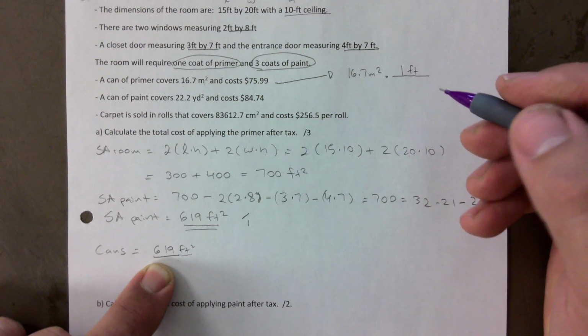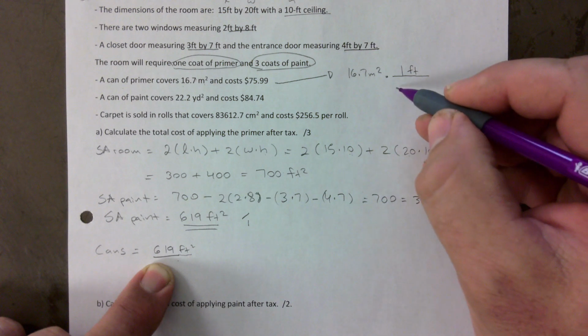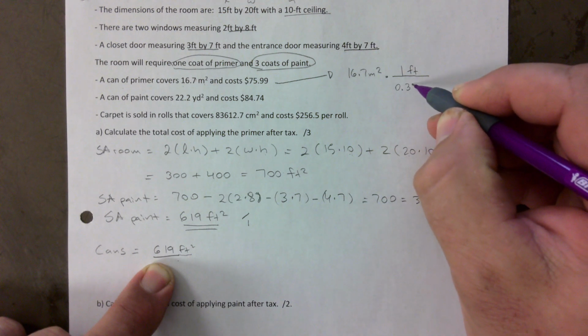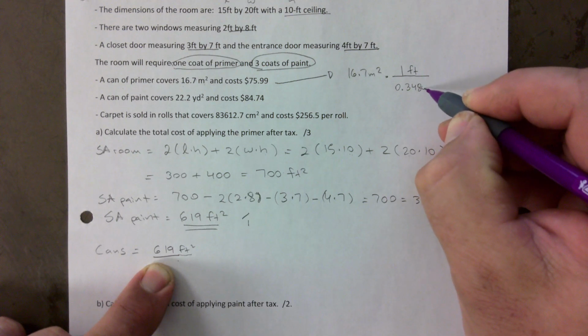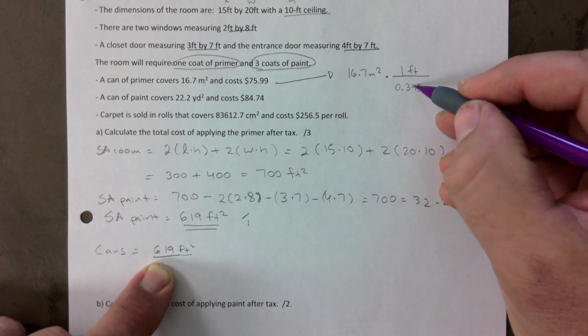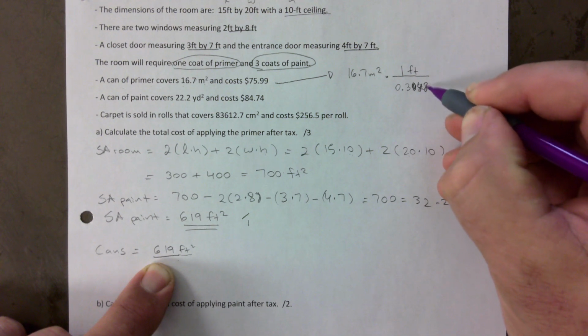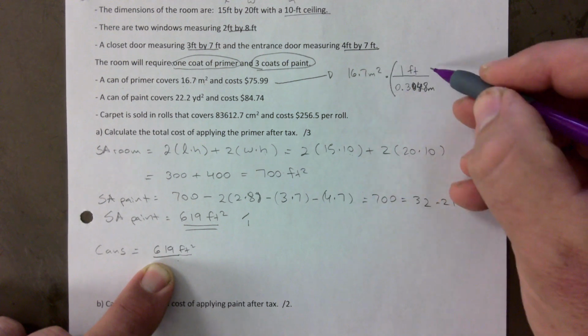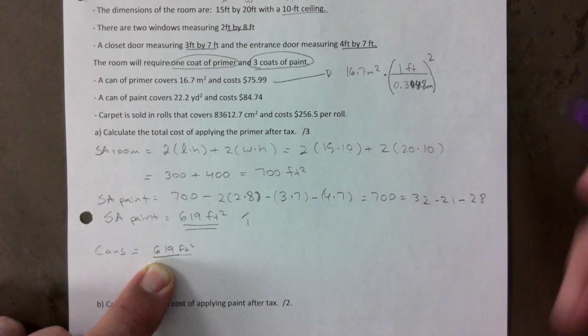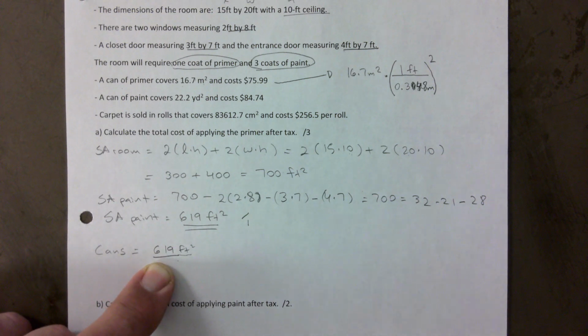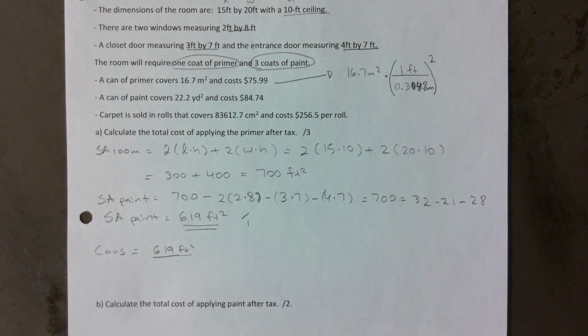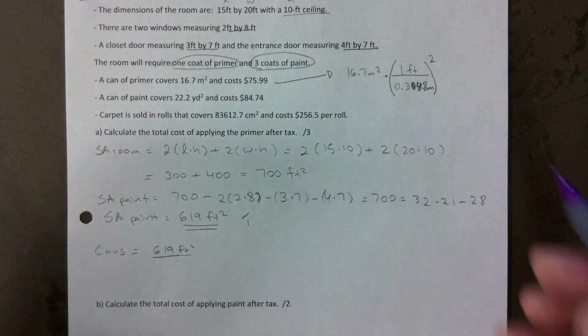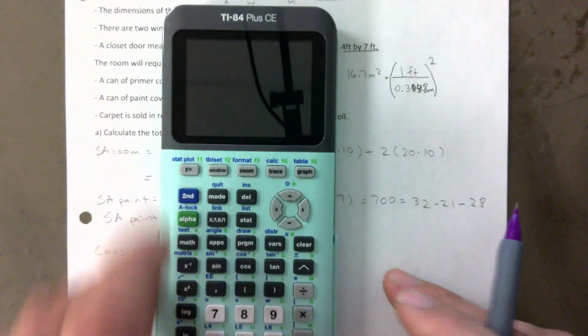I'm looking at my key for this one. 0.3048, right? 0.3048 of a meter. But you need to square it. You can't just use it as is. That is the kicker there. Okay? So if I use my calculator, I'll be okay with you using that as is.